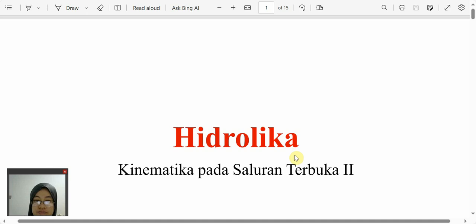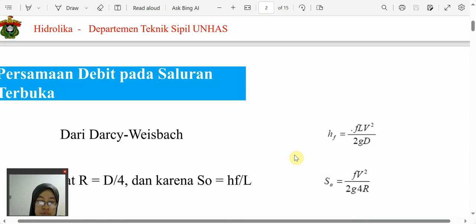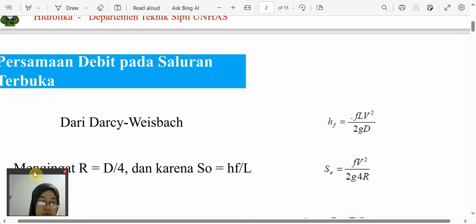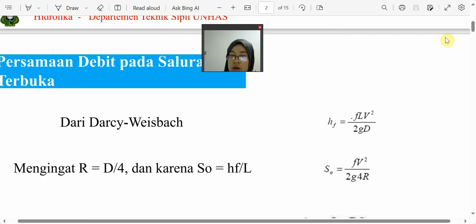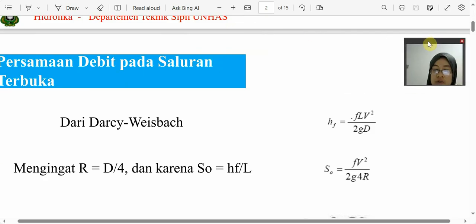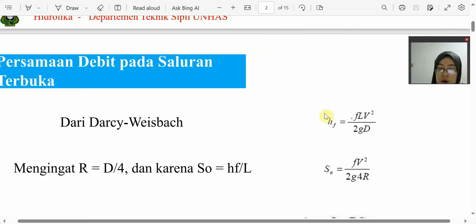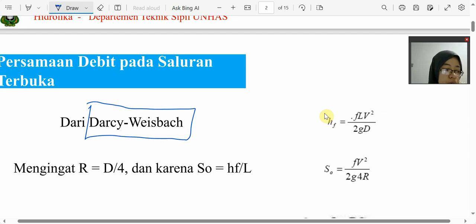If we talk about the roughness or the friction factor, maybe some of you remember the Darcy-Weisbach equation from when we learned about pipes.